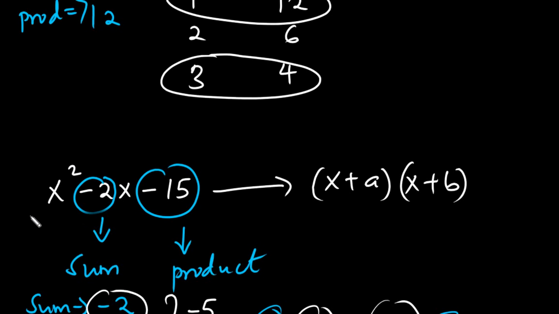It was 1 for this case, and also for this other one. So in the next video, we are going to look at quadratic expressions where the coefficient of x squared is not 1. It's a different number. Maybe 2 or 5.